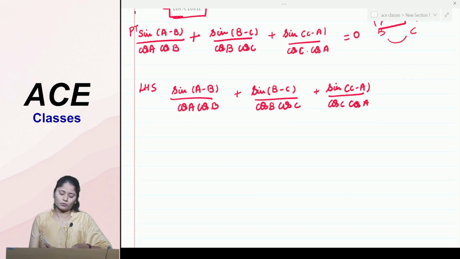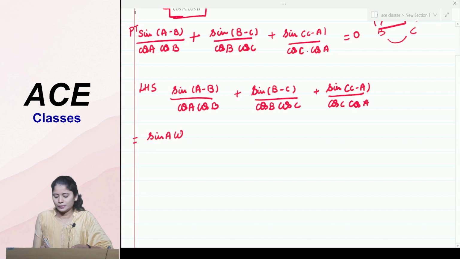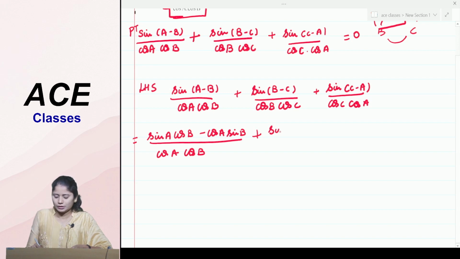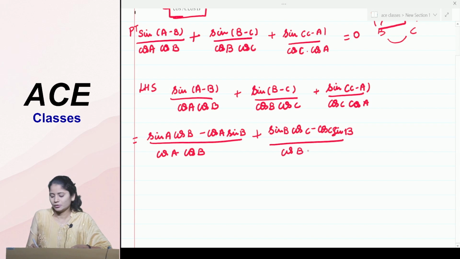So sin of a minus b formula I can use. So that is sin a cos b minus cos a sin b over cos a cos b. Similarly for this one also. So that is sin b cos c minus cos b sin c over cos b cos c.